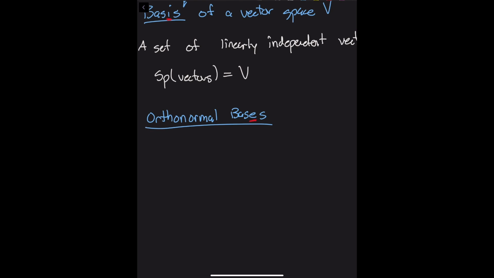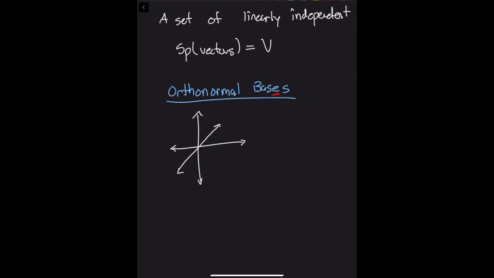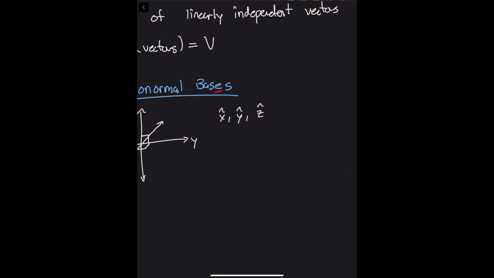This basically means the vectors that make up the basis are orthogonal to each other. So the whole reason when we draw axes, they're all perpendicular to each other. And the reason we do it this way is this is the best way to represent the entire plane in the most simple manner. So x is perpendicular to y, and y is also perpendicular to z. So x hat, y hat, and z hat actually are an orthonormal basis.